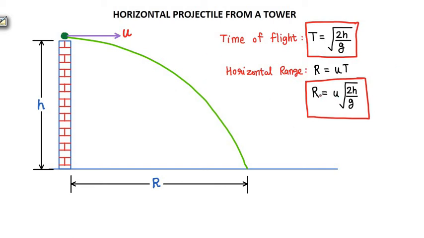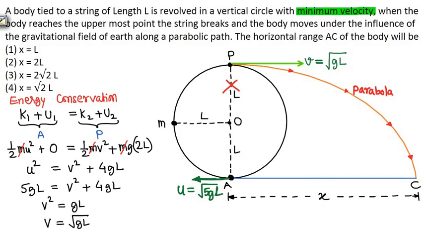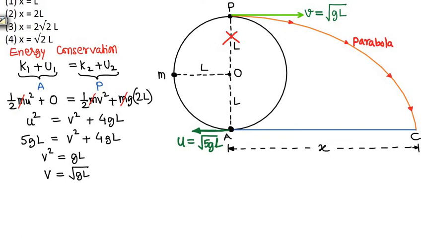So we can take this formula for range and continue solving this problem, because after the string breaks, the remaining part of motion is a horizontal projectile motion.